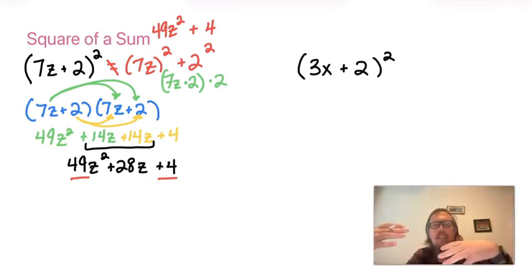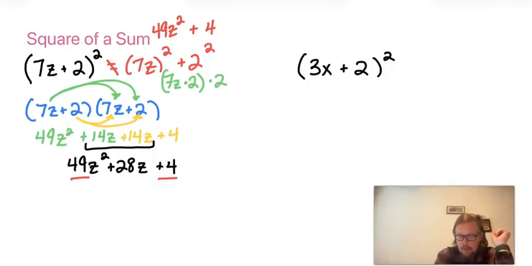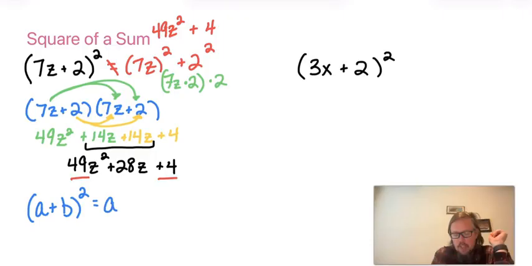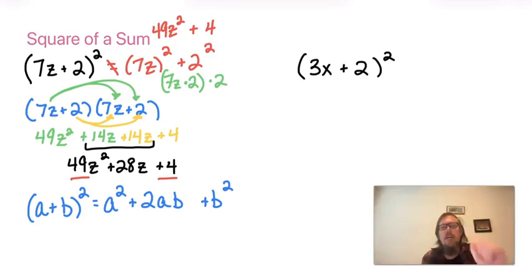If we were to write this out as an official math formula, it's if you have a binomial added together and squared, the shortcut is you take the first term and square it. On the end, you have the last term squared. And in the middle, you multiply the two terms together and then multiply by 2.